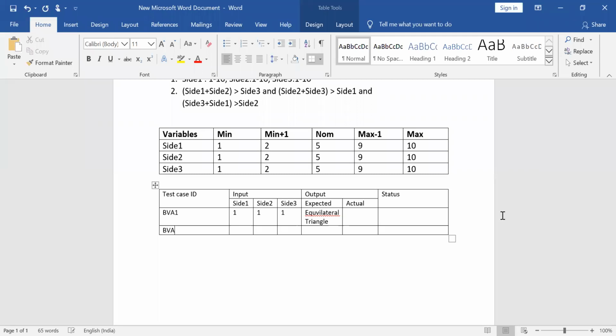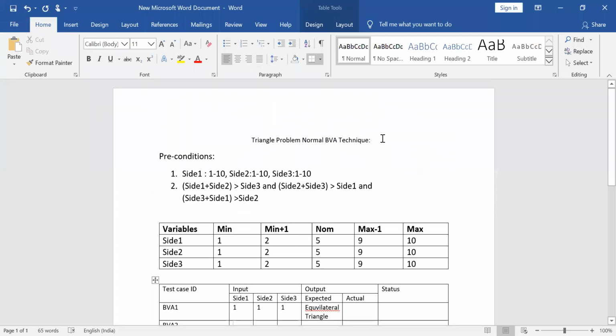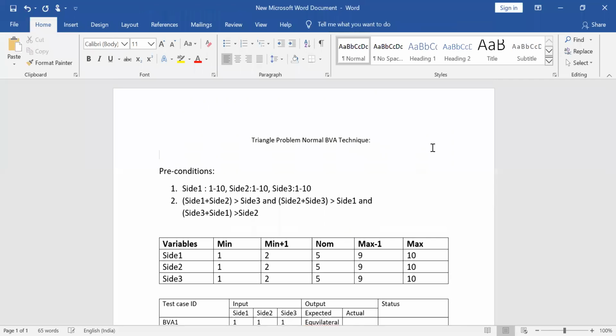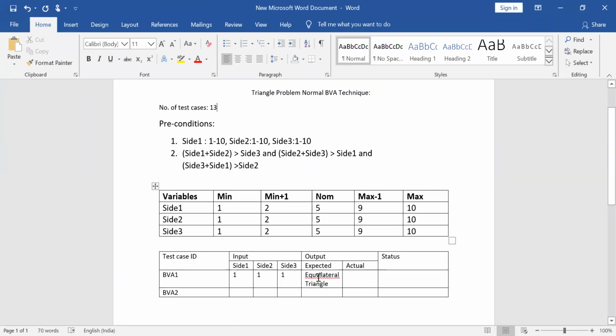Next case is BVA 2. How many test cases do we need for this? Somewhere we need to stop. We cannot continue as it is. Yes, as you said, it is 13. Okay, fine. So I need to design 13 cases. Second case, I'll just keep 1 with respect to the minimum side.